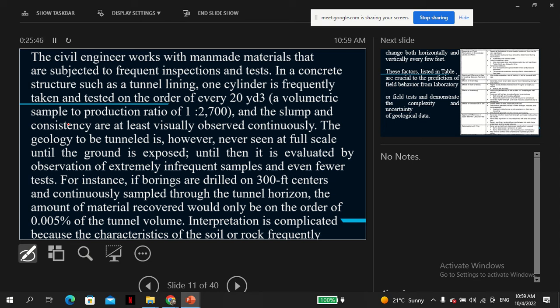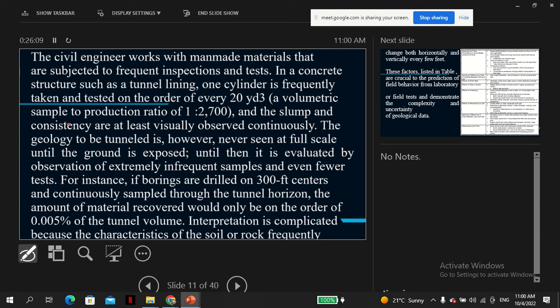Because you cannot see everything at once, you will pick certain samples which give us useful insights. However, they are not a significant percentage of the actual condition.